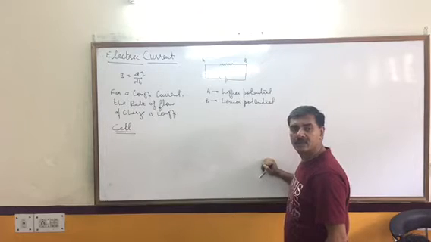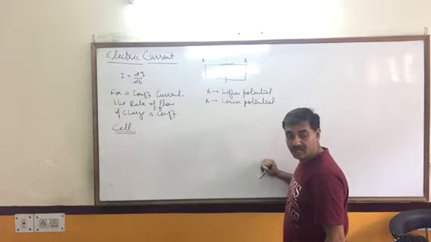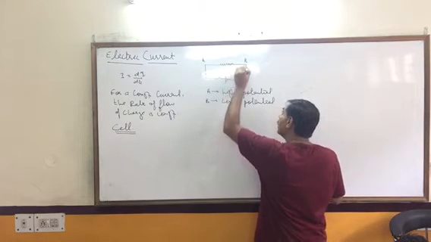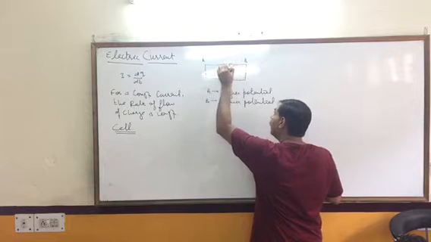Because in a conductor there is an abundance of free electrons, electrons will move from here.